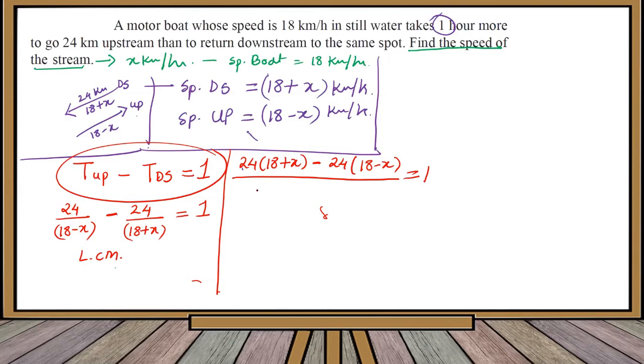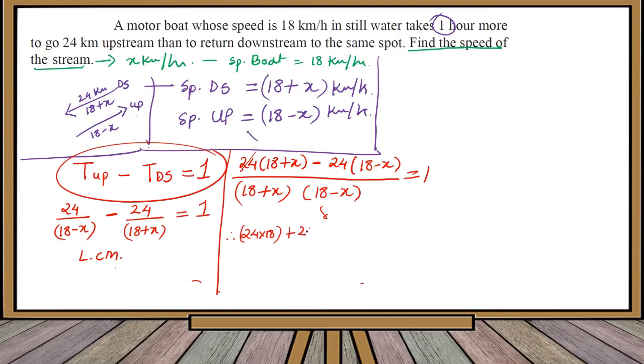The entire thing is over (18 plus x) into (18 minus x). Now therefore this is 24 into 18 minus 24 into 18. Instead of multiplying, just see if it gets cancelled or not.